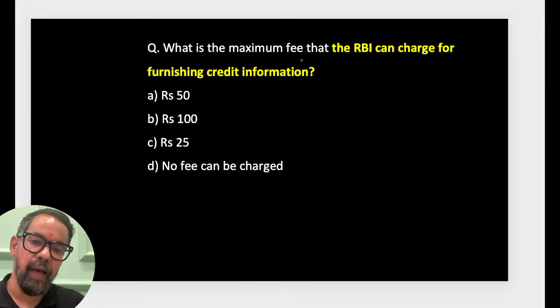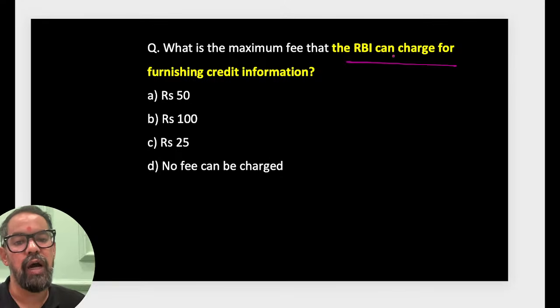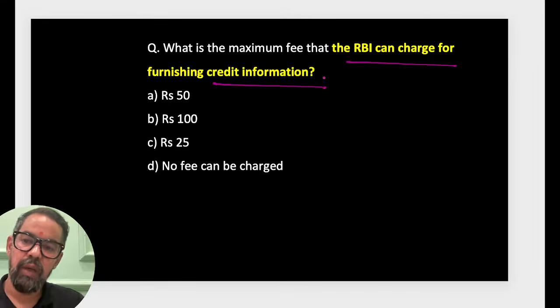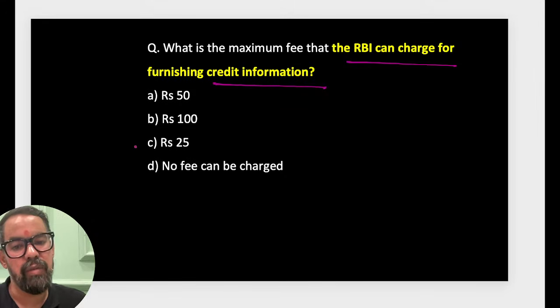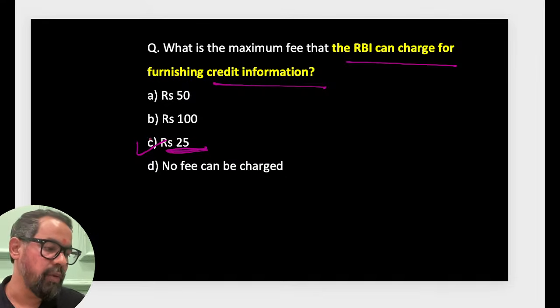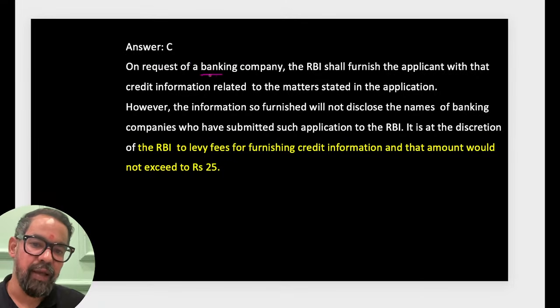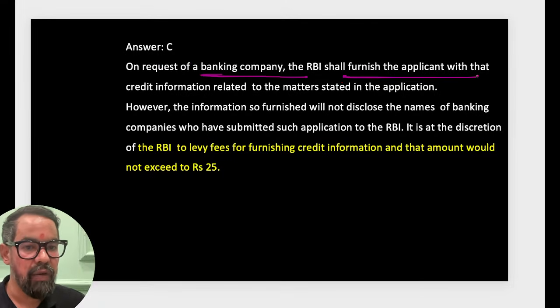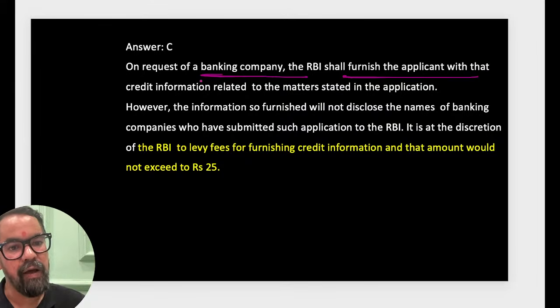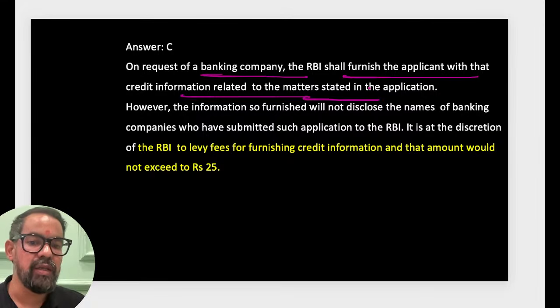What is the maximum fee that RBI can charge for furnishing credit information? It is usually free, but when it comes to a fee, the maximum can be how much? 25 rupees. It should be 25. On request of a banking company, RBI shall furnish the applicant with the credit information related to matters stated in the application.